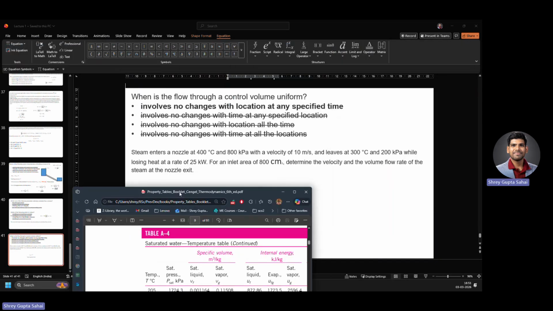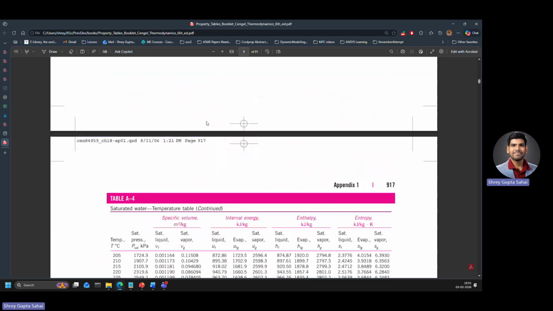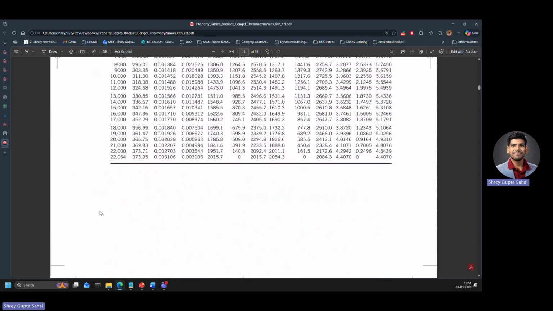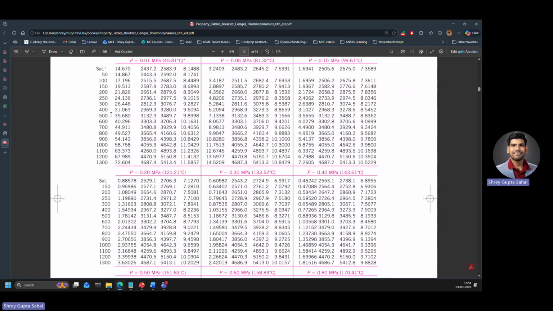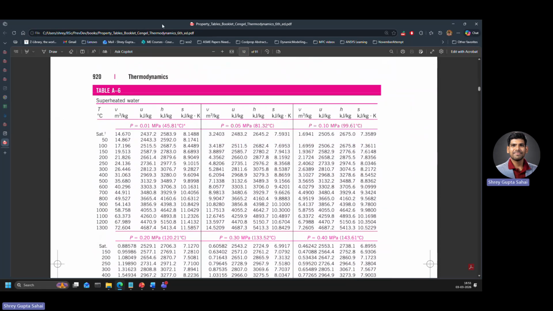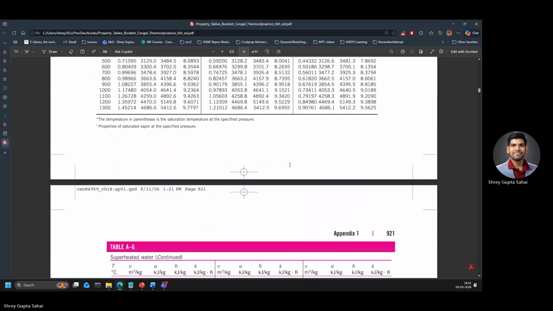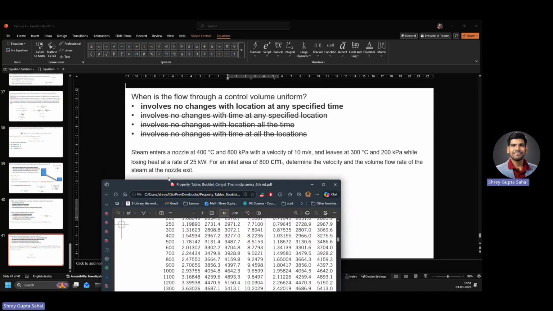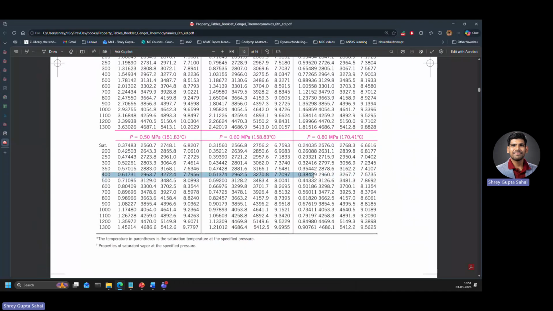We have 400 degrees Celsius and 800 kilopascals, so let's go to the superheated water steam table. 800 kilopascals is 0.8 megapascals, and then 400 degrees Celsius is this one.